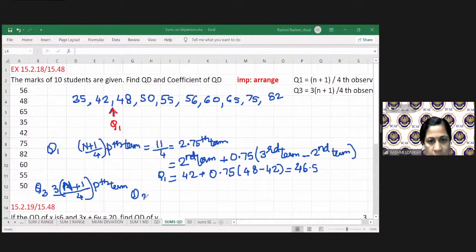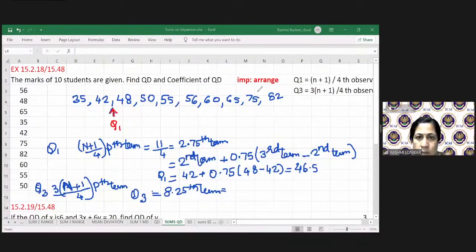For Q3 it will be 10 plus 1, 11 upon 4 into 3. So 3 into 11, 33 divided by 4 is 8.25. The 8.25th term. So what is my 8th number?